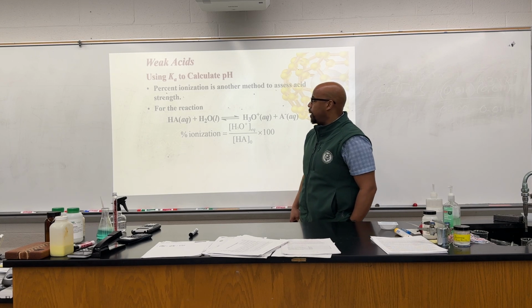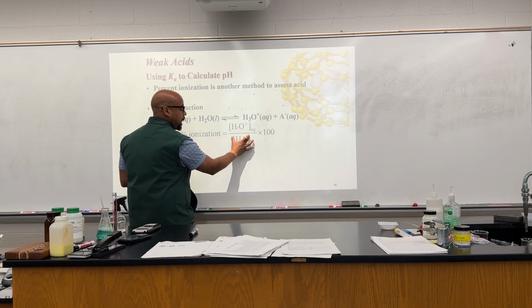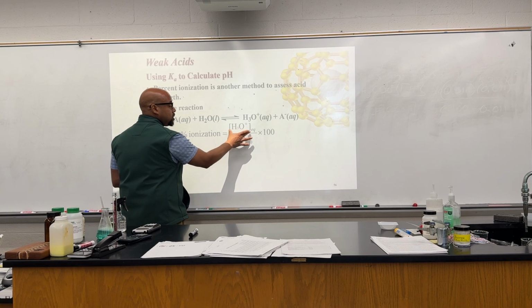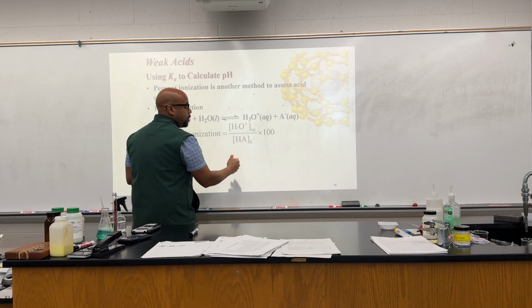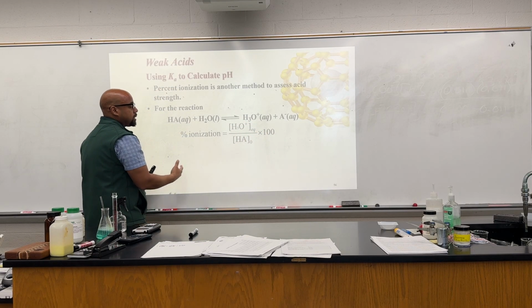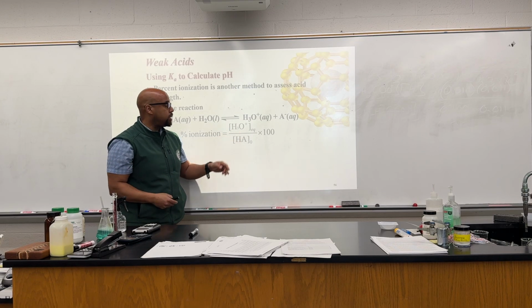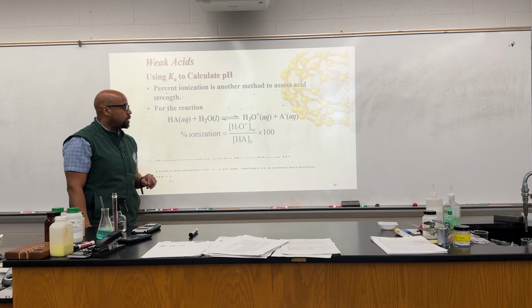So if you look at the equation, the percent ionization is equal to the concentration of the hydronium cation divided by the initial concentration of the acid. If we multiply it times 100, then it tells us the percent dissociation or percent ionization taking place here. Really easy sort of calculation.